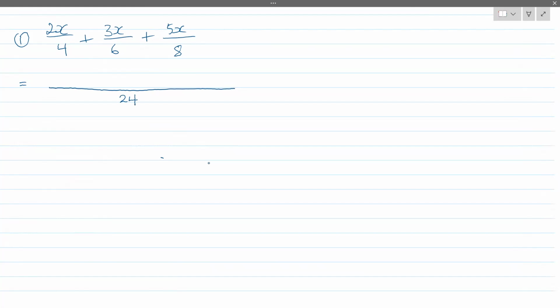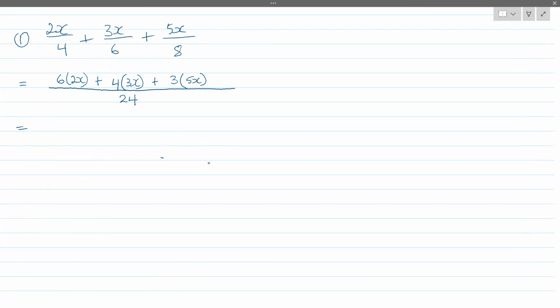We will say 4 into 24 is 6, and 6 by 2x. Then we would say 6 into 24 is 4, and 4 by 3x. Then we'll do 8 into 24 is 3, and 3 by 5x.